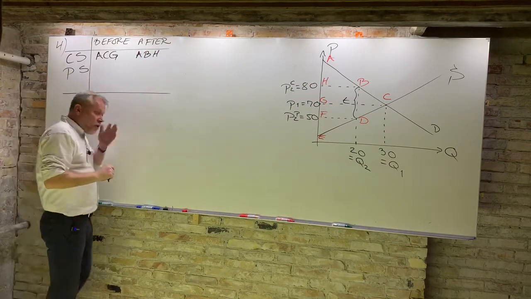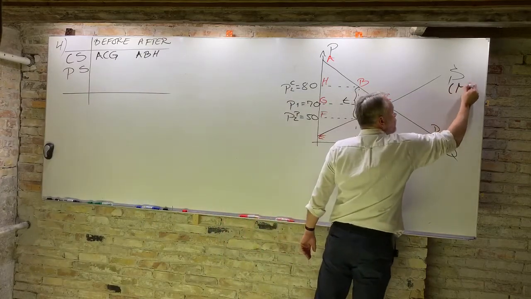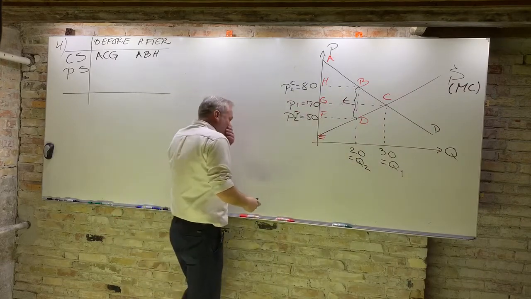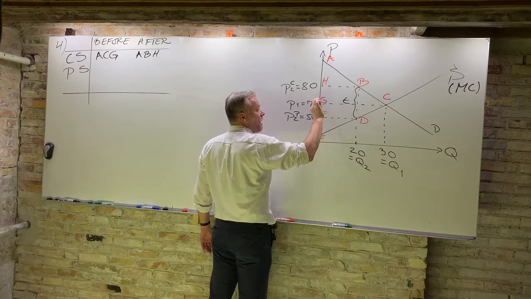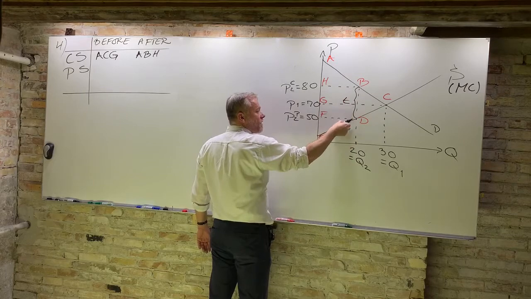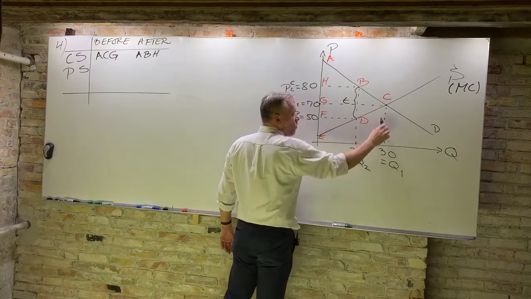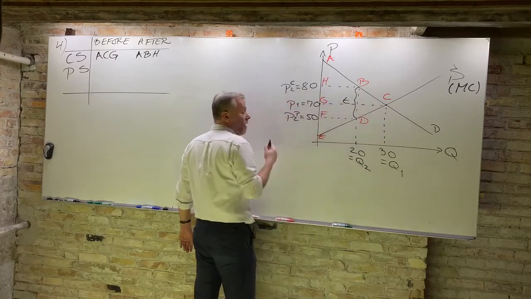With respect to the producer surplus, which, if you want to understand this fully, you should think about the curve here as a marginal cost curve, the producer surplus before the introduction of the tax is the area G, C, E, the area underneath the price above the marginal cost curve, because the area underneath the marginal cost curve is the total variable cost, and the entire rectangle here has an area equal to revenue.